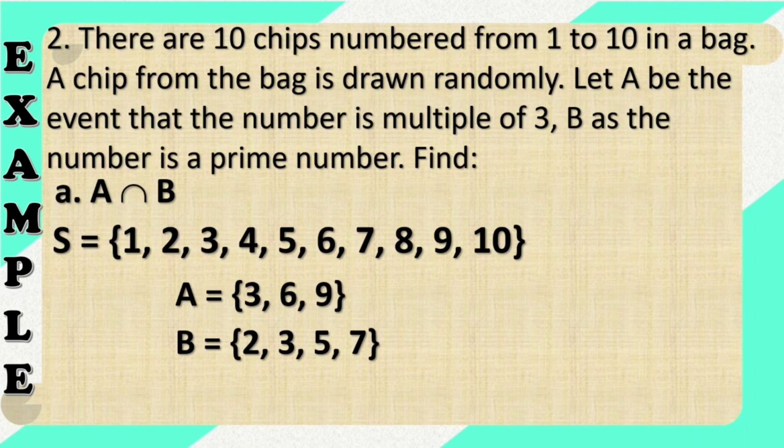So the elements in set B, we have 2, 3, 5, and 7. And the common element in event A and event B is 3. So therefore, A intersection B, the element is 3.